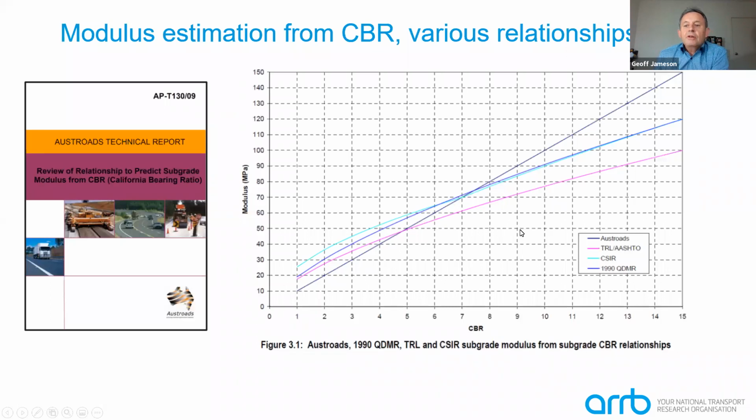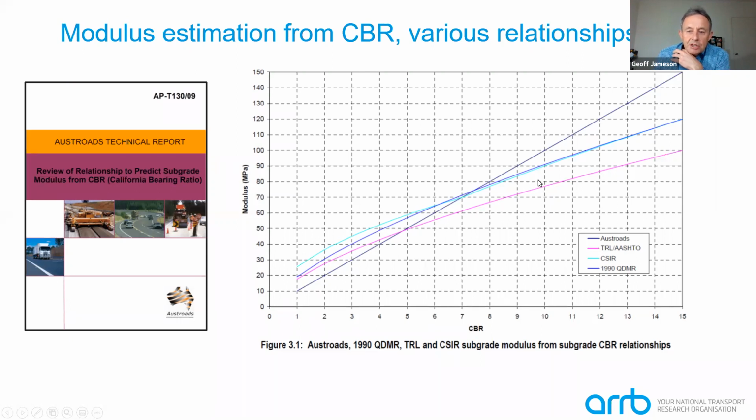But you can see there are various other relationships used in other countries and by other road authorities. For example, this pinkish one here was the one developed by TRL in the UK. And you can see that the values you would get in terms of vertical modulus are very different from the 10 times CBR value that we use in Australia.